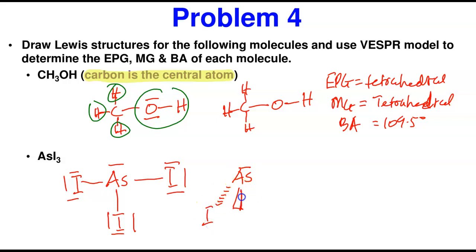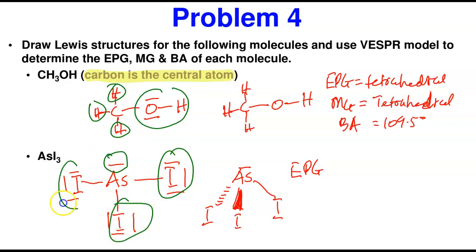Again, in drawing the molecular geometry, you need not specify the lone pairs around the peripheral atoms. It's not necessary. So again, if I'm going to say what the EPG is, because there are 4 things attached, let me count: 1, 2, 3, and 4. This is going to give us tetrahedral.